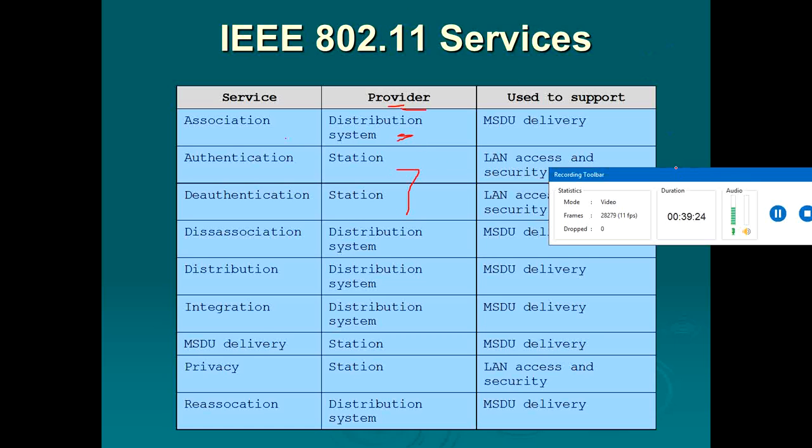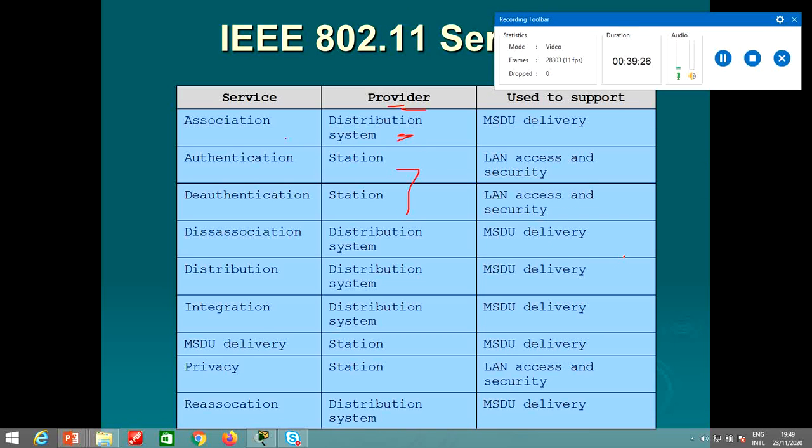Now, if you see, some services are used to support LAN access security and MSDU security. Three of the services are used to control IEEE 802.11 LAN access, and six of the services are used to support the delivery of MAC services.